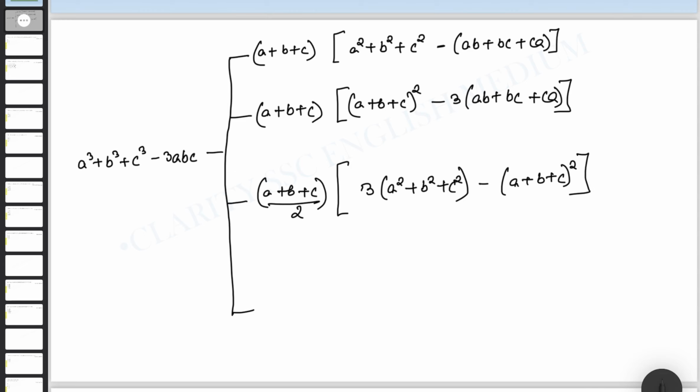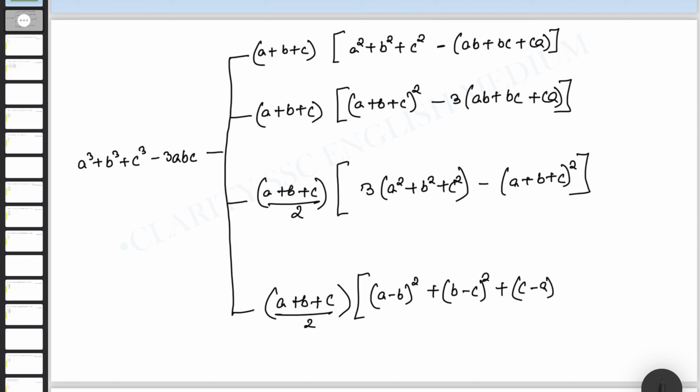And the last one is a plus b plus c by 2 into a minus b whole square, b minus c whole square, and c minus a whole square. These are the four formulas that we are going to discuss in today's class. Please remember these four formulas. This will be the base to calculate all the questions. So let's see the questions one by one.